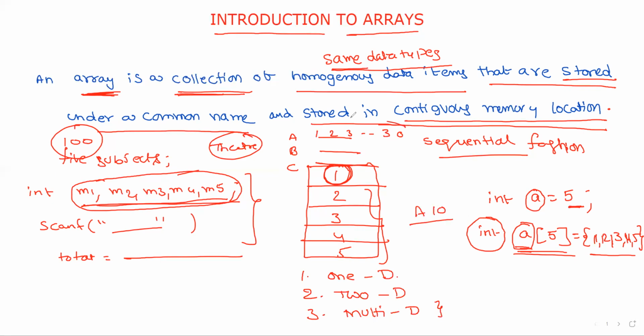Simply, instead of checking all the seats in the theater, we directly move to row A. And then how do we identify the 10th seat? Already all the elements are stored in a sequential fashion. Once you know the A1, it is very easy to calculate the 10th seat. That is the advantage of array.